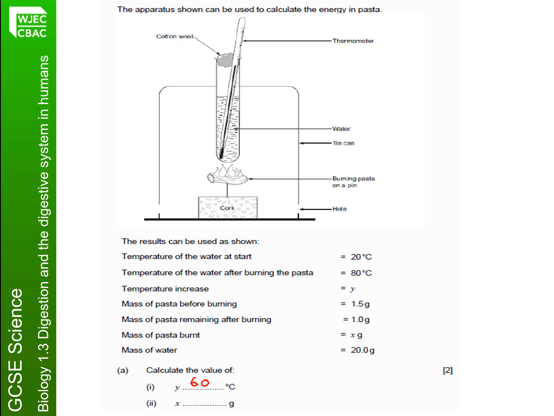For the second one, it was asking you to calculate the mass of the pasta that had burnt. So we started with 1.5 grams before burning, and there was 1 gram left after burning. So the mass of pasta that burned was 0.5 grams.